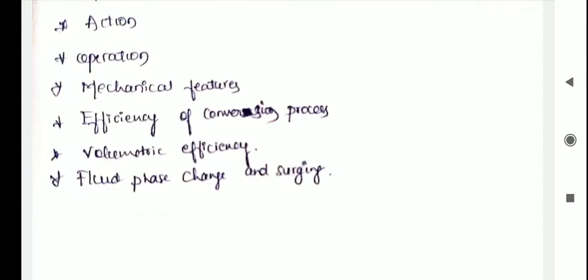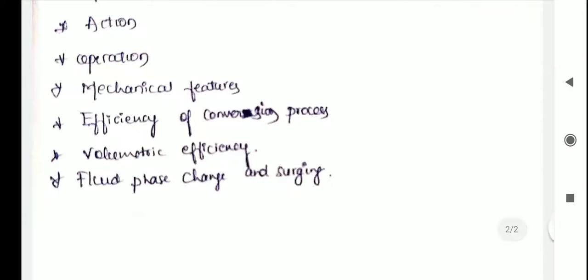Finally, examples for turbo machines: hydraulic turbines, gas turbines, steam turbines, etc. In case of positive displacement machines, pumps, IC engines, and reciprocating air compressors are the examples. These are the differences between turbo machines and positive displacement machines. Okay, thank you.